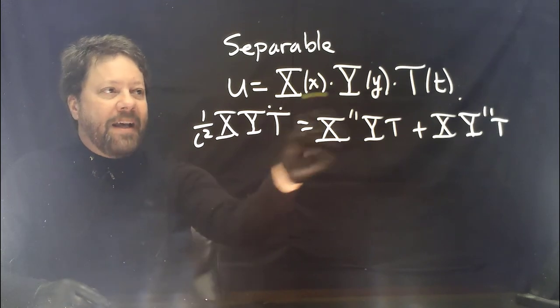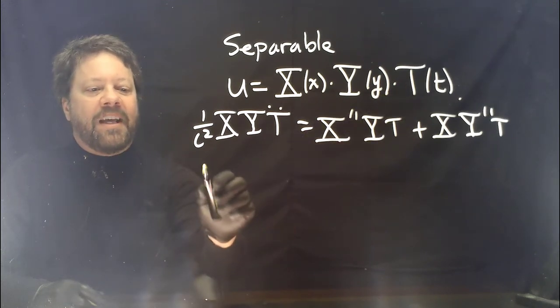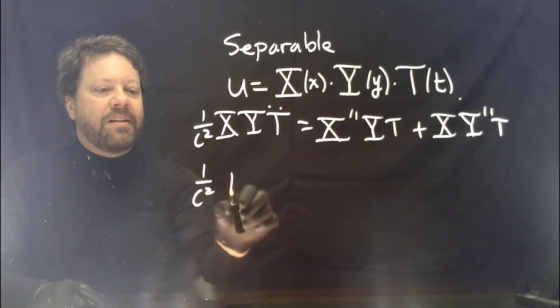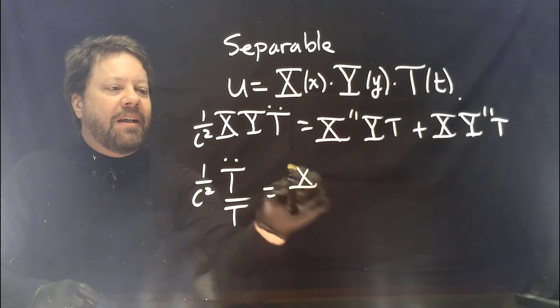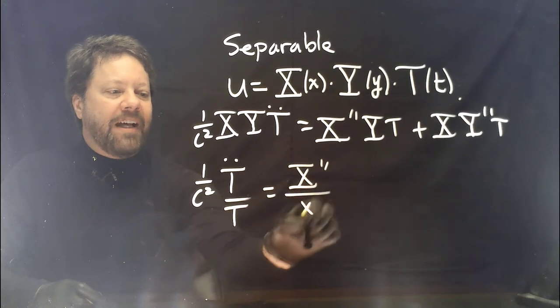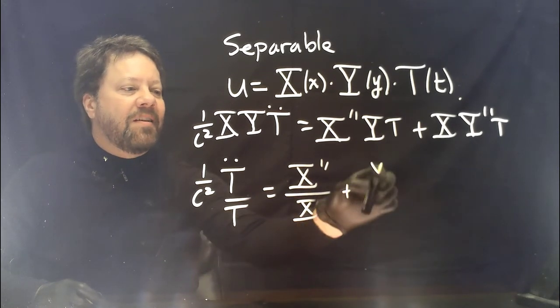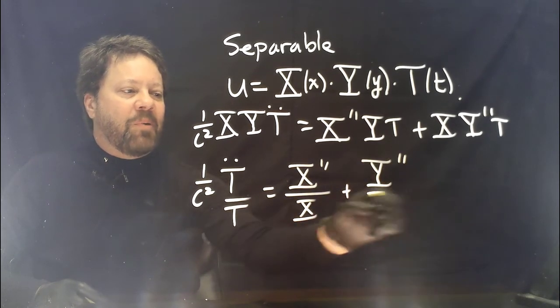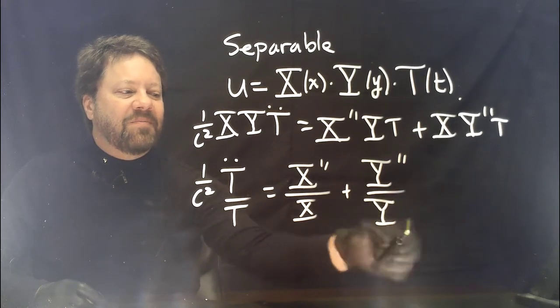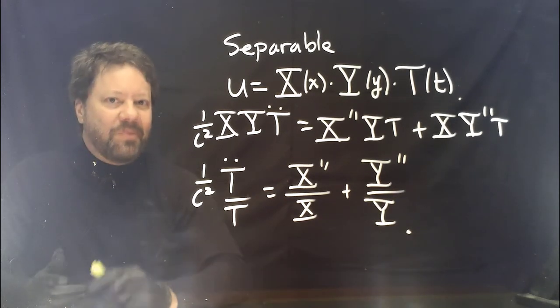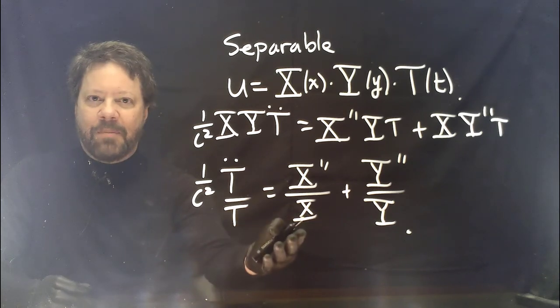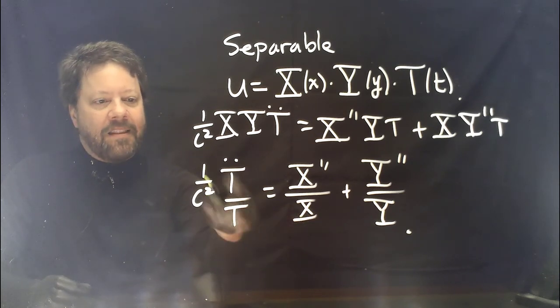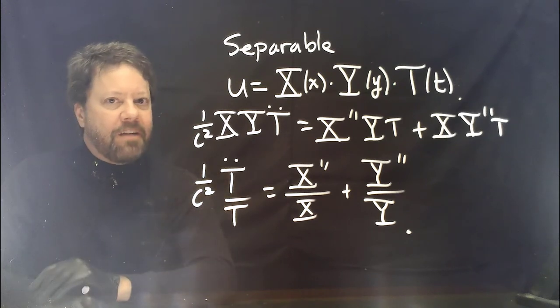Dividing through by x, y, t, we obtain 1 over c squared t dot dot over t equals x prime prime over x plus y prime prime over y. Now we need to figure out what the consequences are to these separated variables. Clearly, the left-hand side depends only on the variable t.